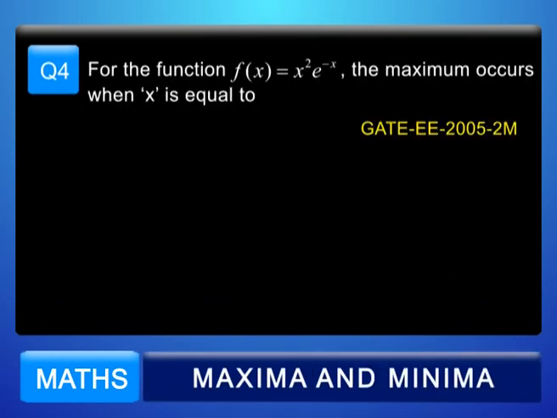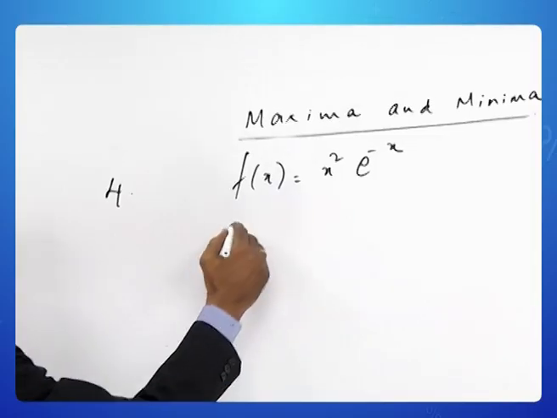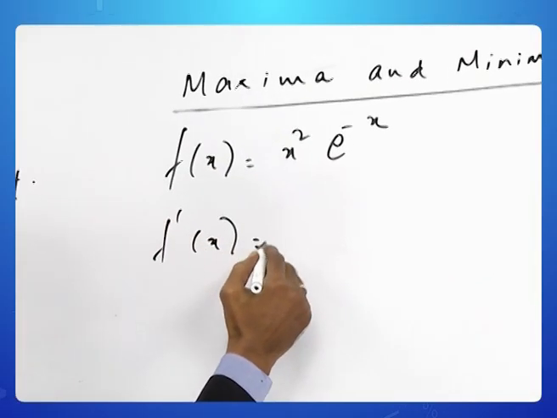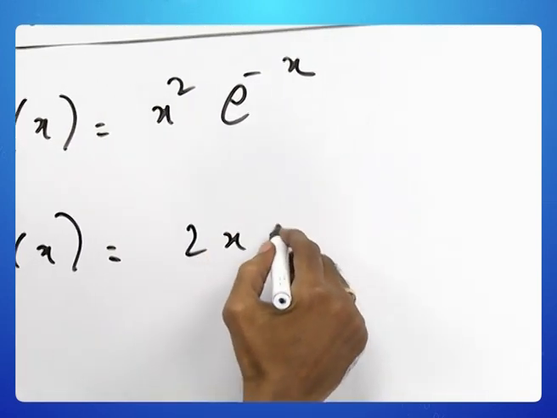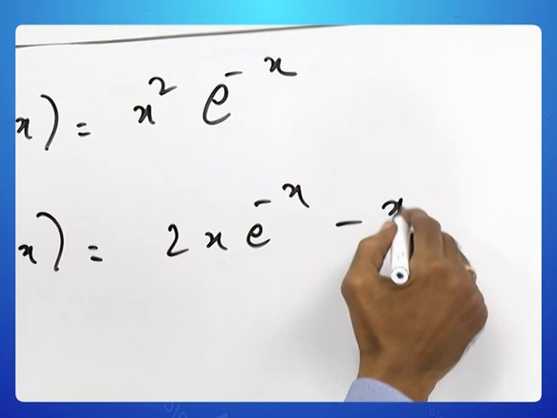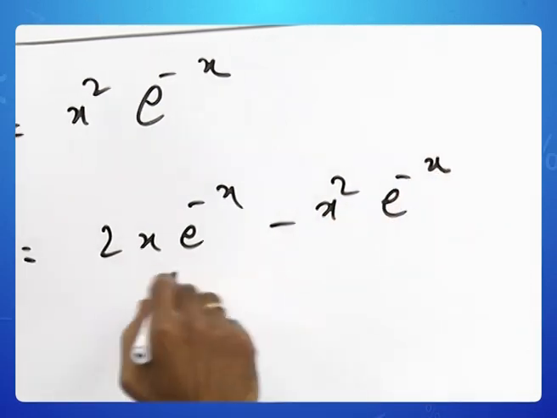Question number 4. For the function f of x is equal to x squared e power minus x, the maximum occurs when x is equal to, the options are 2, 1, 0 and minus 1. F dash x is 2x e power minus x minus x square e power minus x by the UV rule.